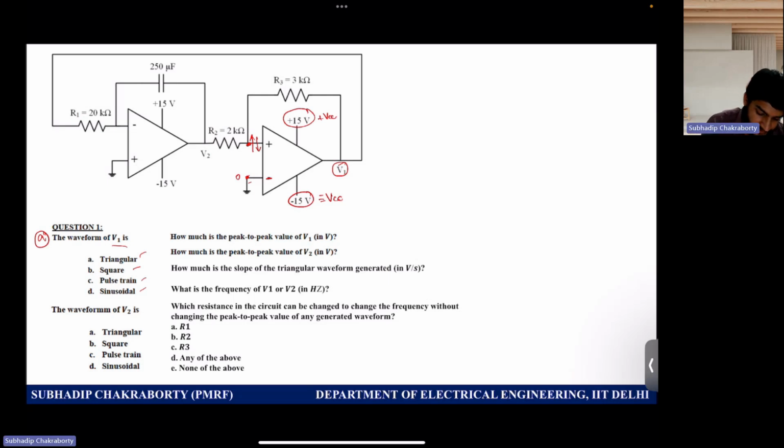So now we know that this V1 is toggling. So the virtual short doesn't hold. Now we need to determine that condition. First we have been asked to determine the waveform of V1.